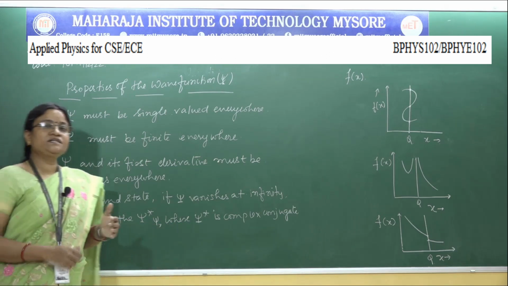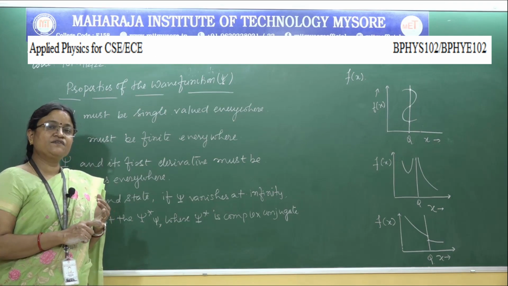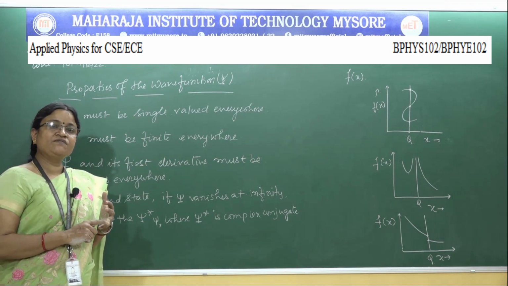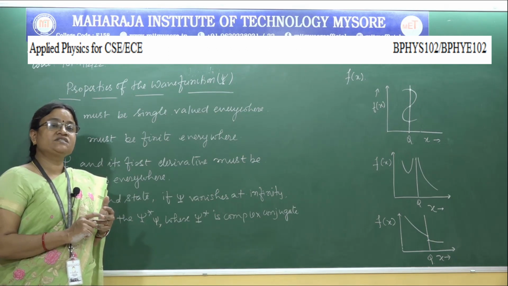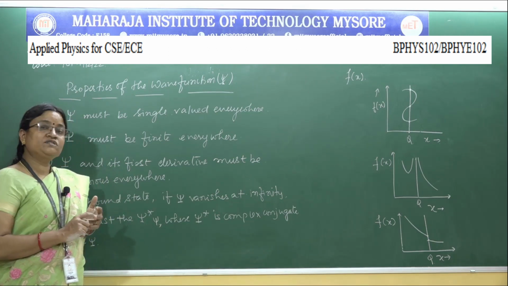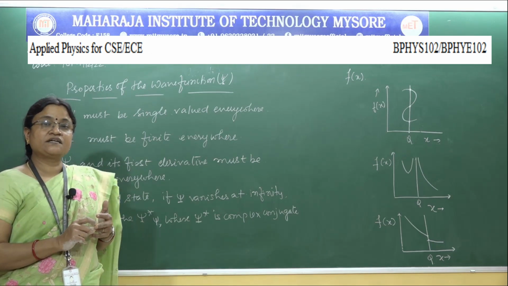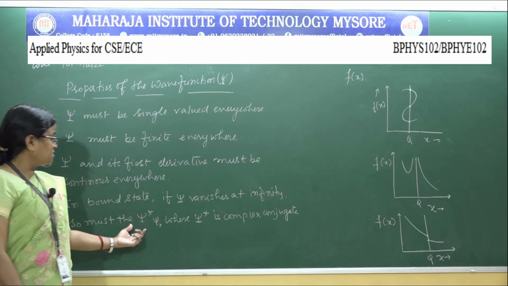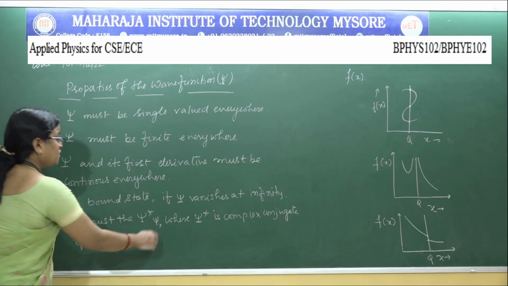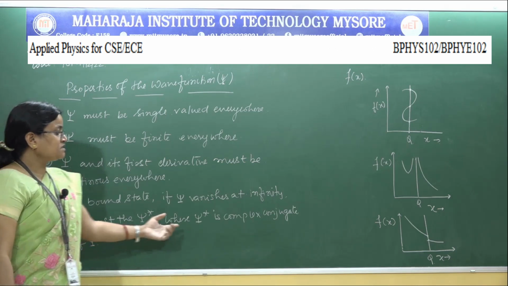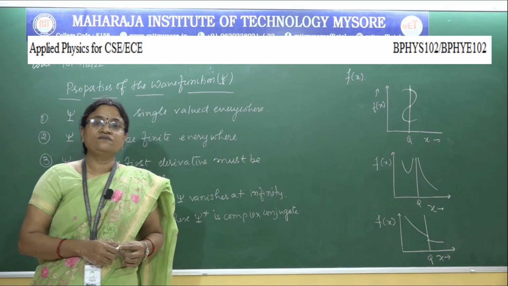So what are the properties? Psi must be single valued everywhere, psi must be finite everywhere, psi and its first derivative must be continuous everywhere, and in the bound state, if psi vanishes at infinity, so must psi star into psi.